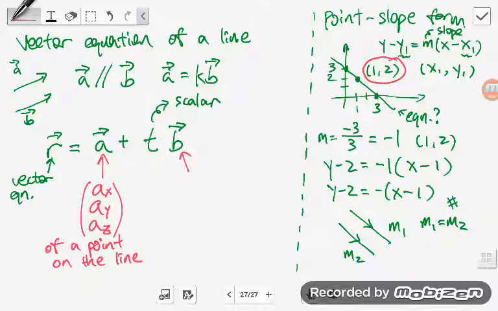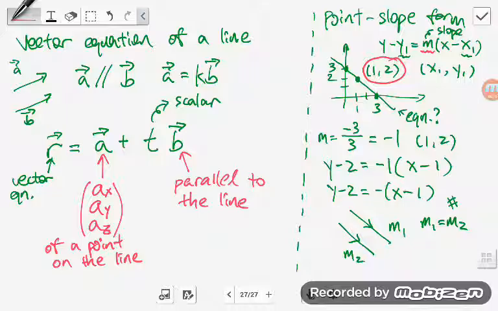And what's my B? My vector B is just a vector that is parallel to the line. So that vector B is sort of similar to my slope over there. Please feel free to rewind this section of the breakdown of my vector equation.